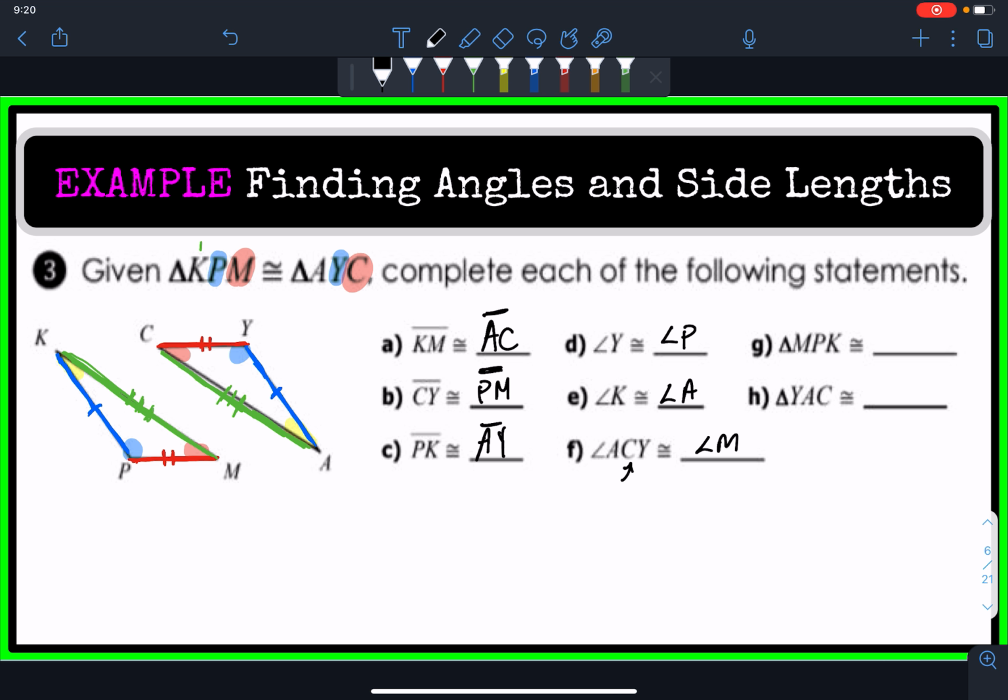If we want to use the three letters, just use the three letters in the same order as the way we're using them here.